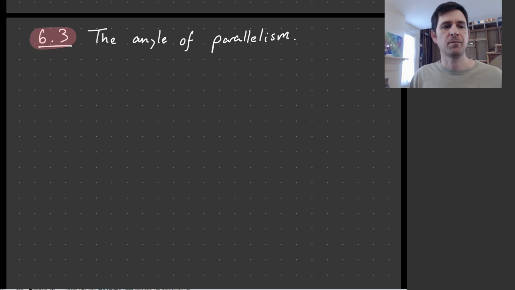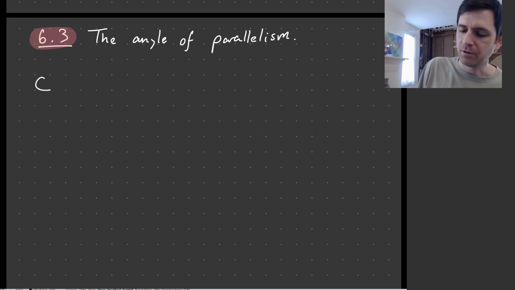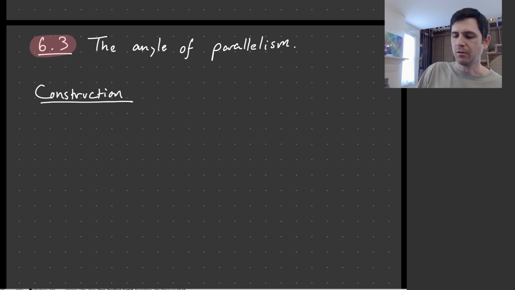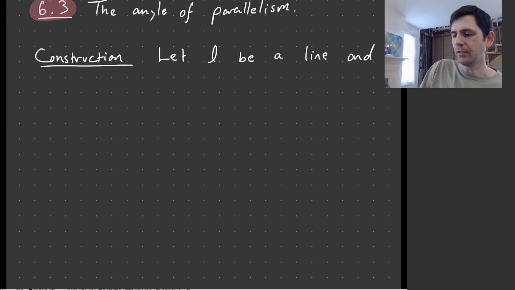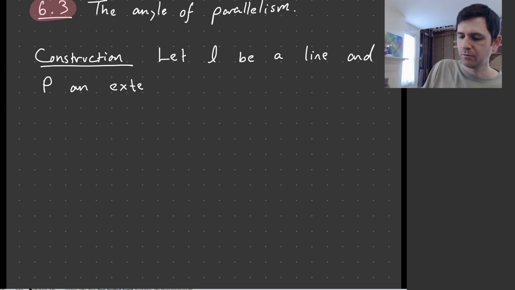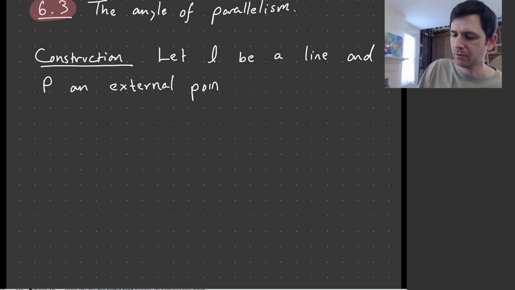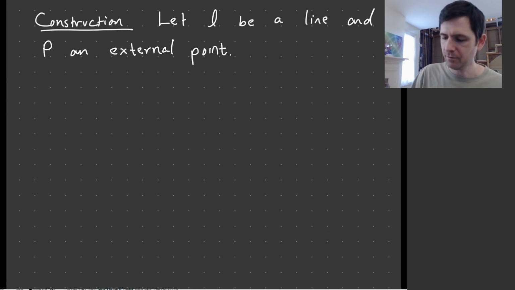Okay, so we're going to start with a construction. So we'll let L be a line and P an external point, just as we did with the double perpendicular construction. So I'm going to draw this as I do it.